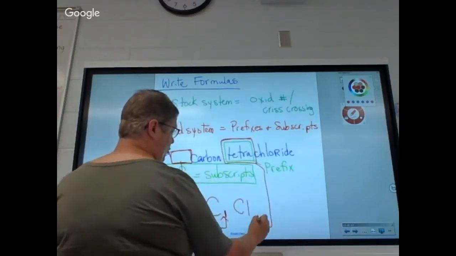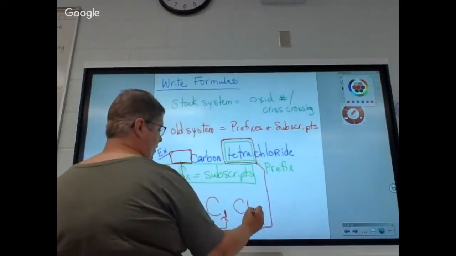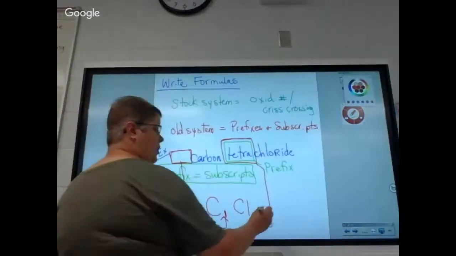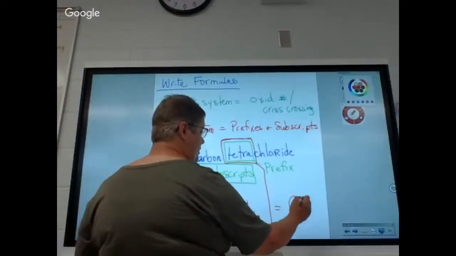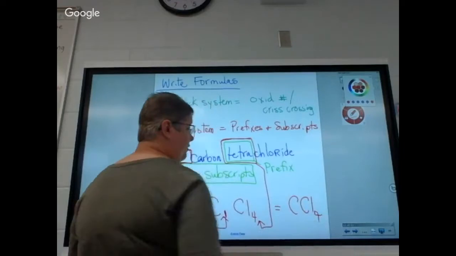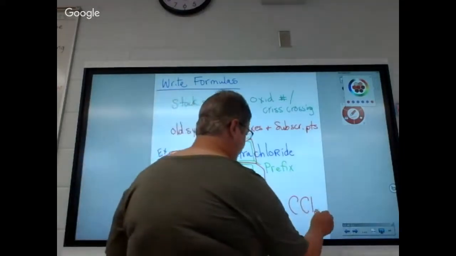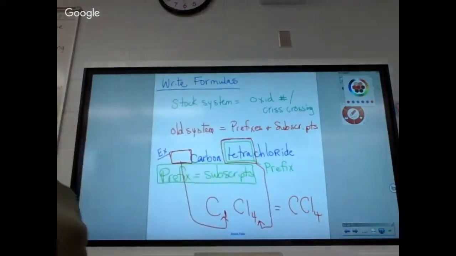So that tells you the prefix right here is a 4. So you have CCl4, except my 4 looks like a 9. Okay? We crisscross in stock system. Prefixes are the subscripts.